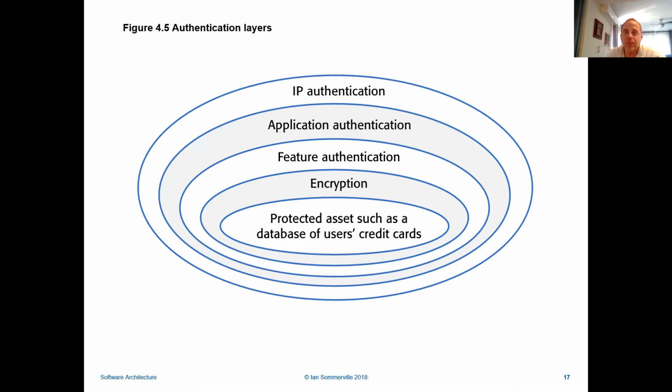Then we have application authentication. Once I've gotten access to the server, I still have to log in. Then if I want to use a certain feature, maybe I have to provide another password. Then the data itself that I want isn't stored in plain text. It's stored encrypted.